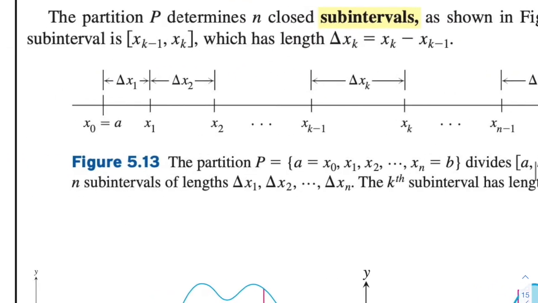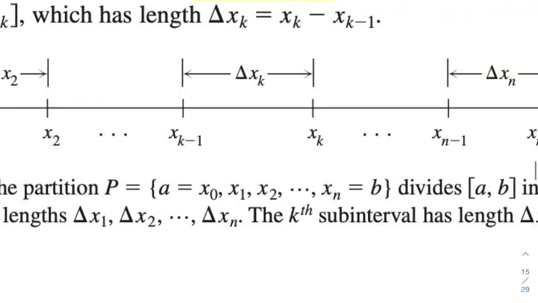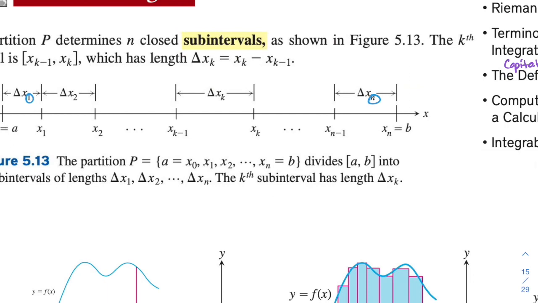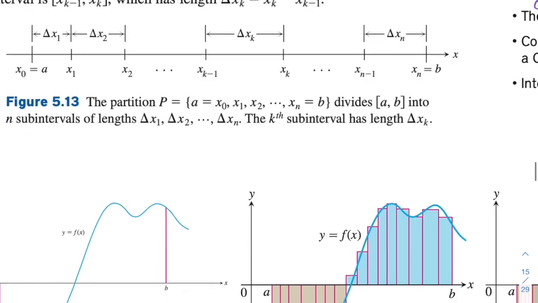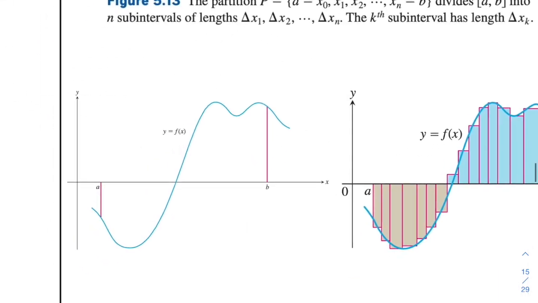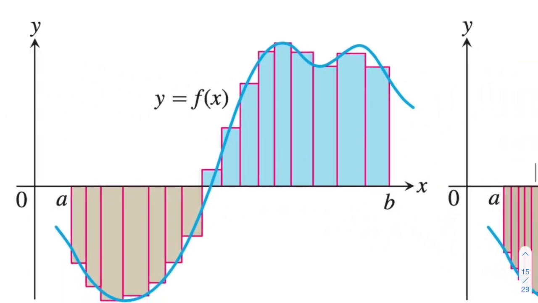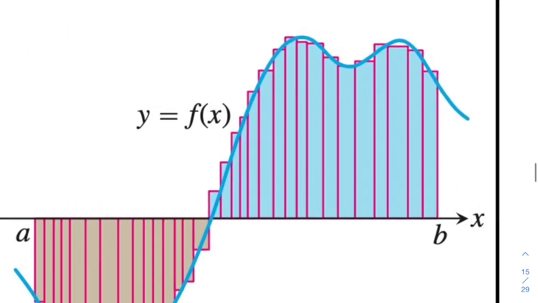And you see that it starts at one interval, we call it 1, and it ends at an interval n. All right, so each one of these rectangles is going to be added together, and they're partitioned. So let's take a look from A to B here. We might want to make the rectangles all wide, or we might want to make them a little bit skinnier.